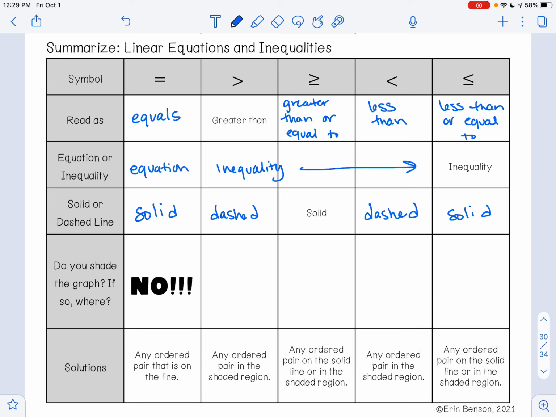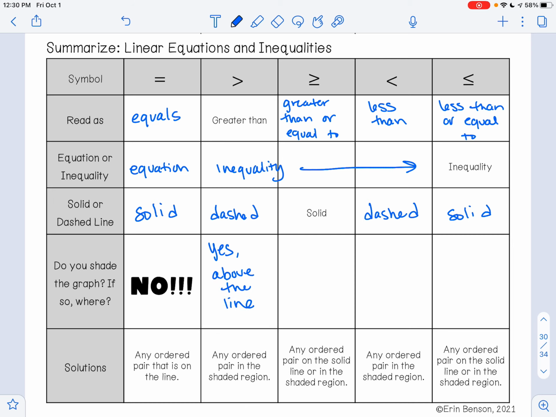And then it asks us if we shade the graph, and if we do, where? You never shade the graph of an equation, right? An equation is just a line. It doesn't have extra solutions. It just has these solutions that are on the line. With greater than, you shade, so yes, and you'll shade above the line.